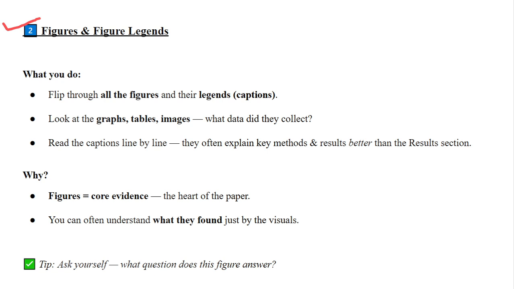Here are all the figures. For example, if a paper has 5 images, such as pathway-like images, you can read and study them easily.